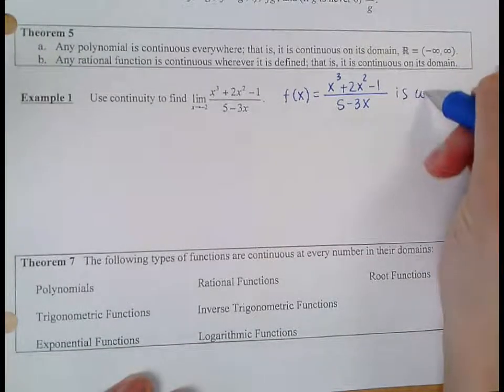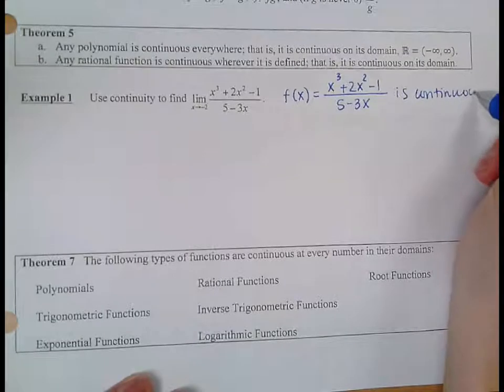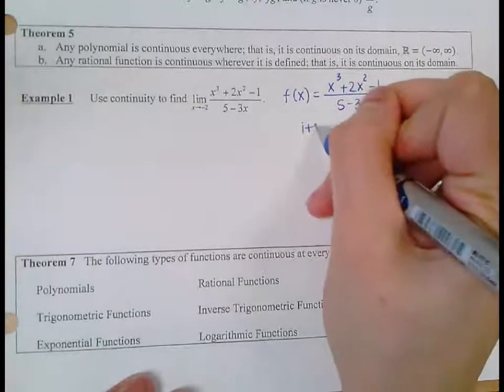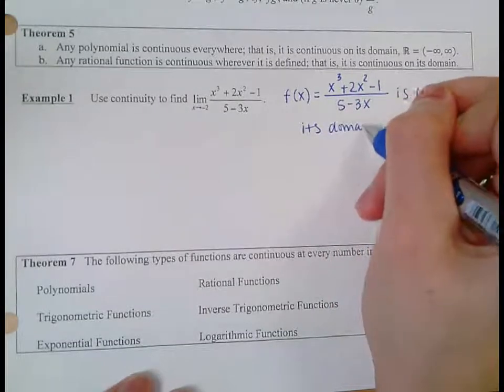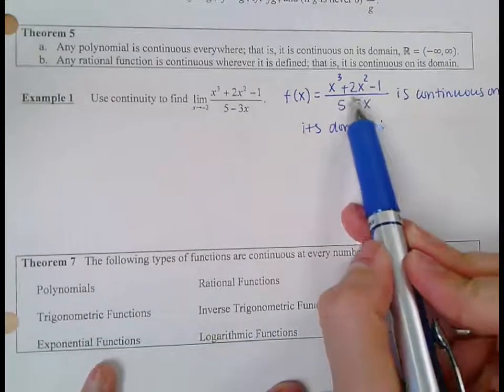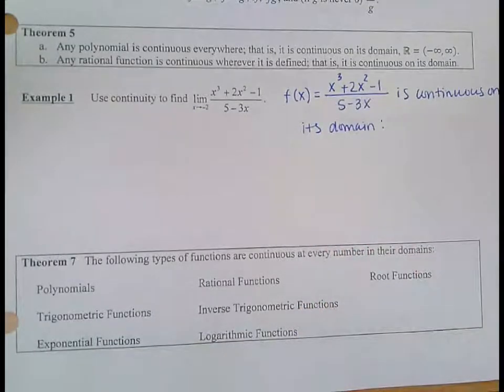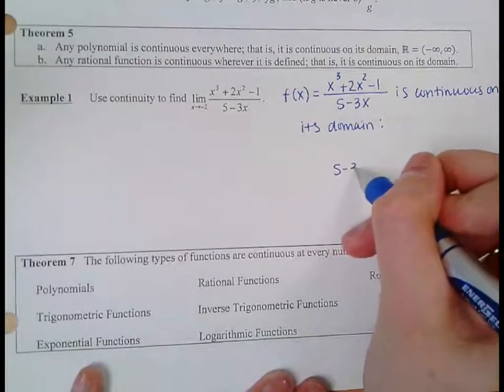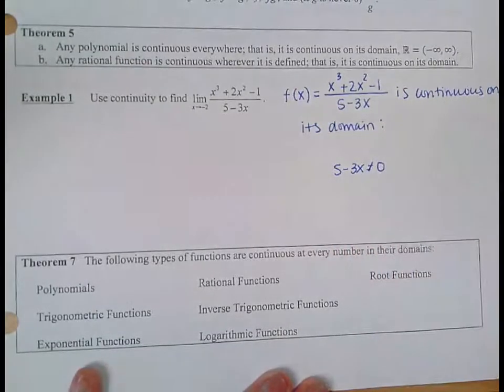So I'll just put here, is continuous on its domain. And then I'll list the domain there. How do you find the domain of a rational function? Yep, the denominator can't equal 0, so set it equal to 0 to figure out what x can't equal. So I know 5 minus 3x cannot be 0.